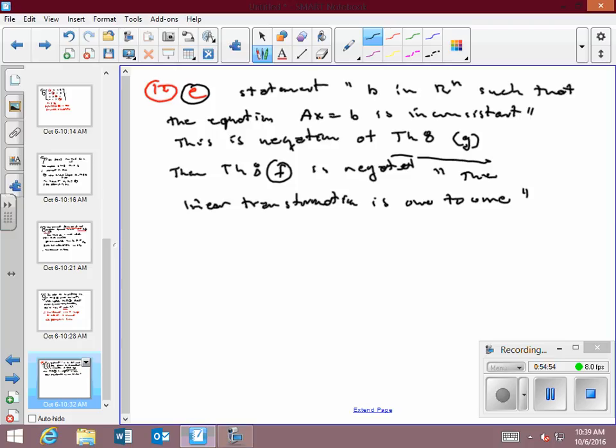The statement is true because it says if there is a B in R such that the equation AX equal B is inconsistent, which is a negation of G, then the transformation is not one-to-one. So the theorem says if G is true, then F is true, which is one-to-one. So if the negation of G is true, then the negation of F is true. And therefore the statement is true.